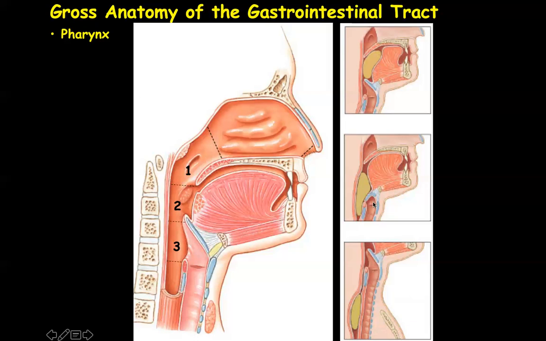The vocal folds and the vestibular folds would be closing over the trachea. And the superior esophageal sphincter is open, allowing for food to pass into the esophagus. And then the bolus is pushed by peristalsis down the esophagus, and it's being carried down into the stomach.